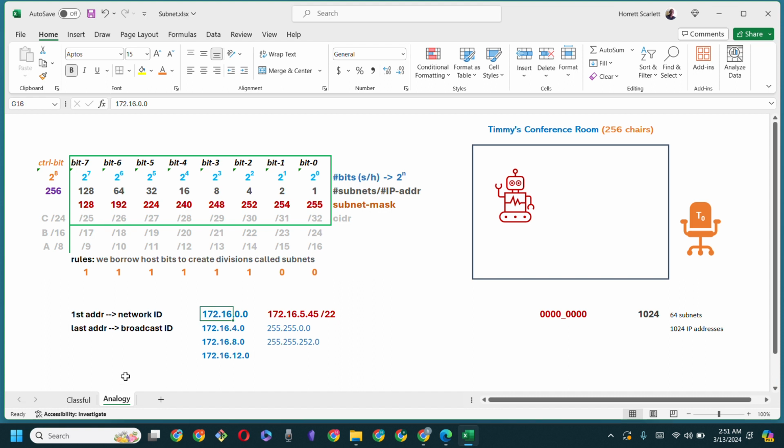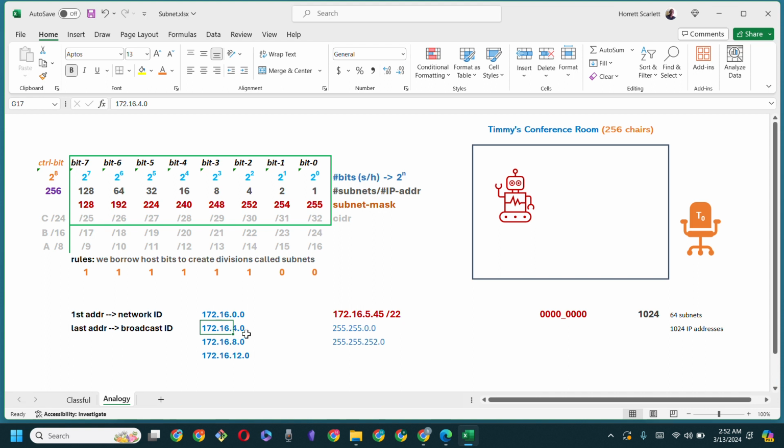We now need to determine what the ending range for these subnets is going to be. Let me change the font on this. So this is 13. And let me scoot over these values so that I can get some space for what we need to do here. Alright. So this next network begins at 172.16.4.0.